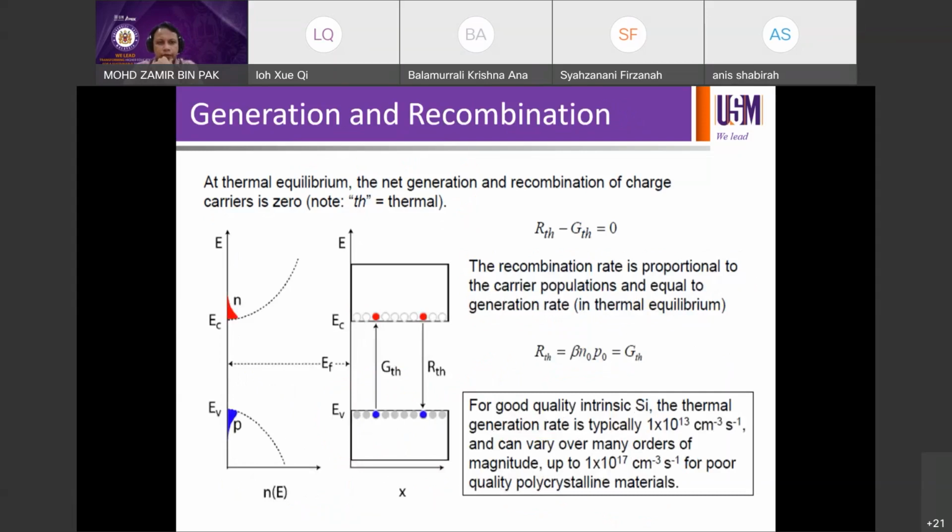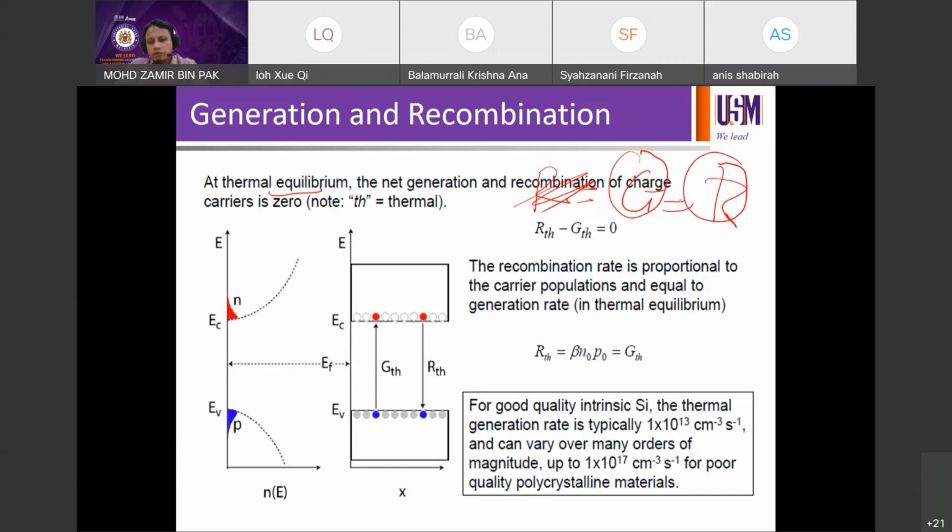So at thermal equilibrium, the net generation and recombination of charge carriers is 0. So at thermal equilibrium, the magnitude of generation and the magnitude of recombination is exactly the same, right? So R equals G, thermal equilibrium. And therefore, when R is equal to G, or you can say G equals R, G is for generation, R is for recombination.